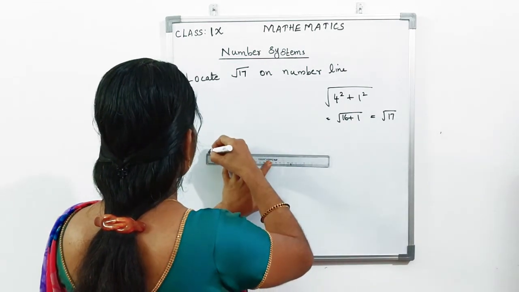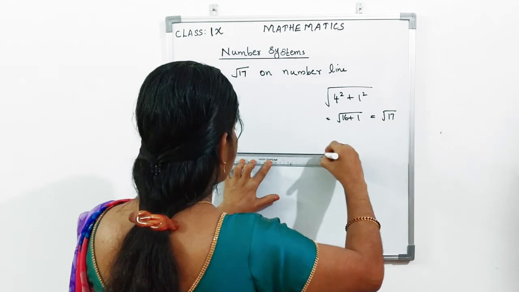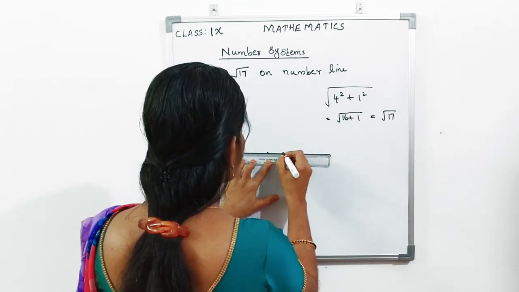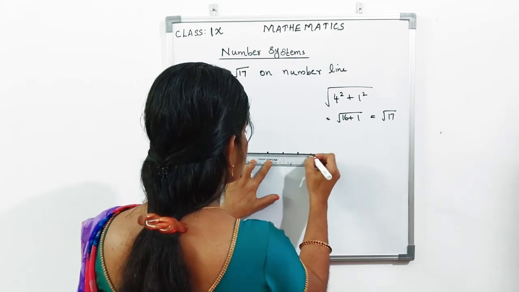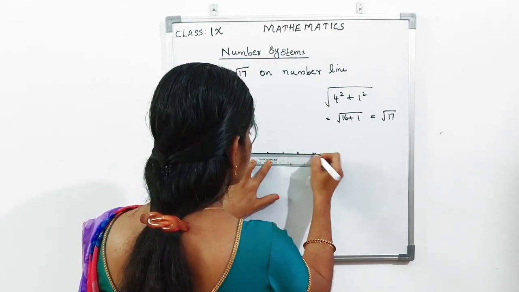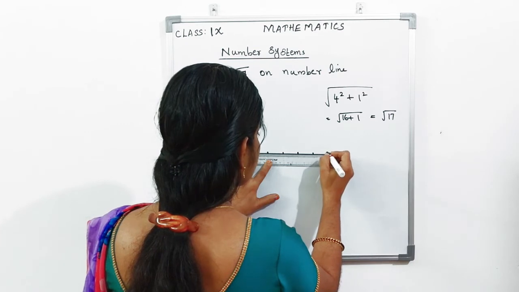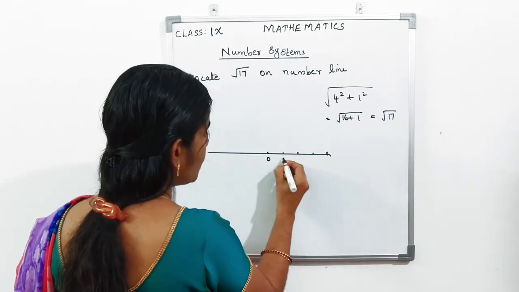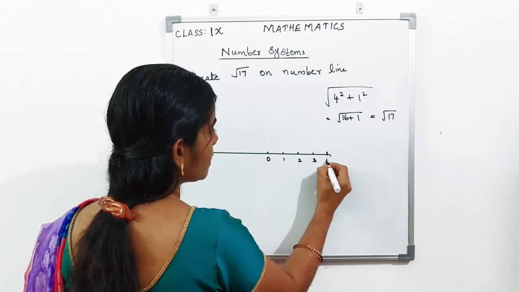I am marking one number line and I am taking this way 0, 1, 2, 3, 4.